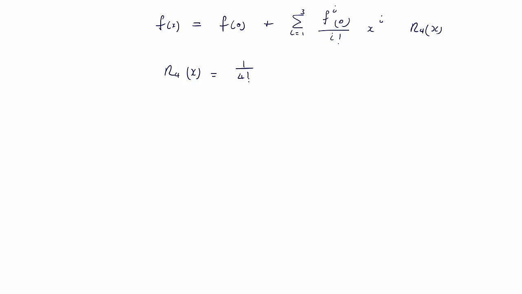So let's look at our problem that we had. From our approximation, we had f(x) is approximately equal to our Taylor polynomial. We can change that to an equals sign and put in our remainder. So R4(x) will equal 1 on 4 factorial, the fourth derivative evaluated at some point c, times x to the 4.